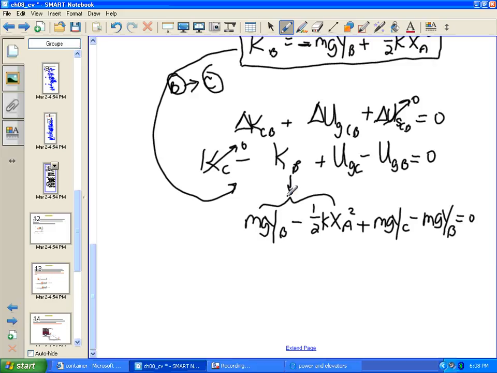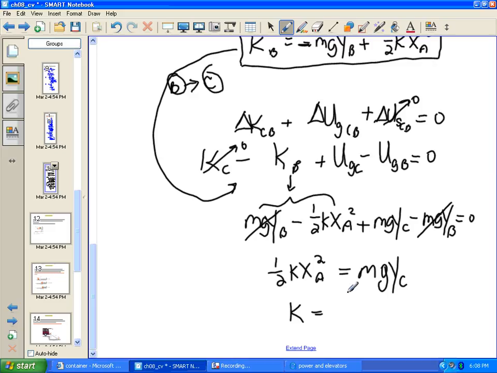Okay, well look, mgy sub b here minus mgy sub b here, these will fall out, and so here we see that 1/2 kx sub a squared, of course it was negative, but we're going to take it to the other side, equals mgy sub c.